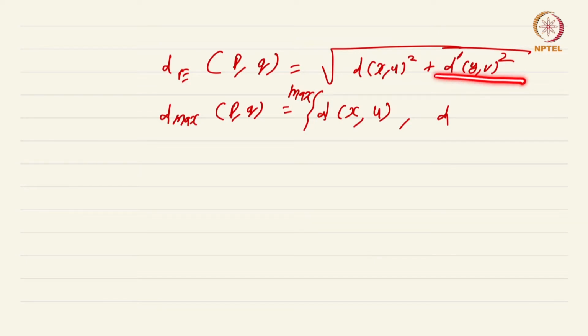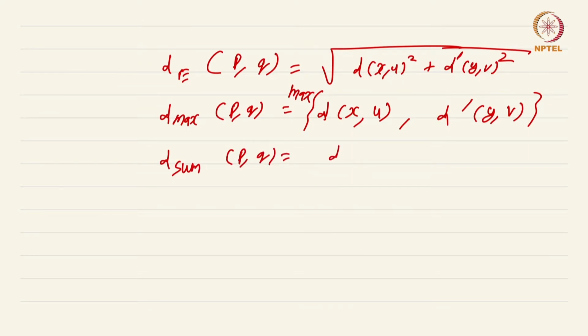You just take the maximum of the two, as the name suggests, and the third one, d_sum of (p, q), is, as you could expect, d of (x, u) plus d prime of (y, v).